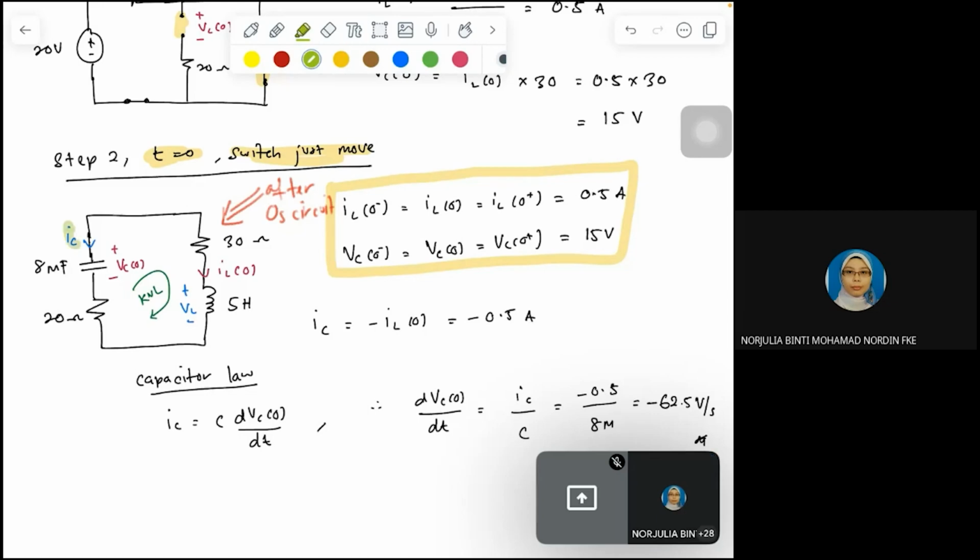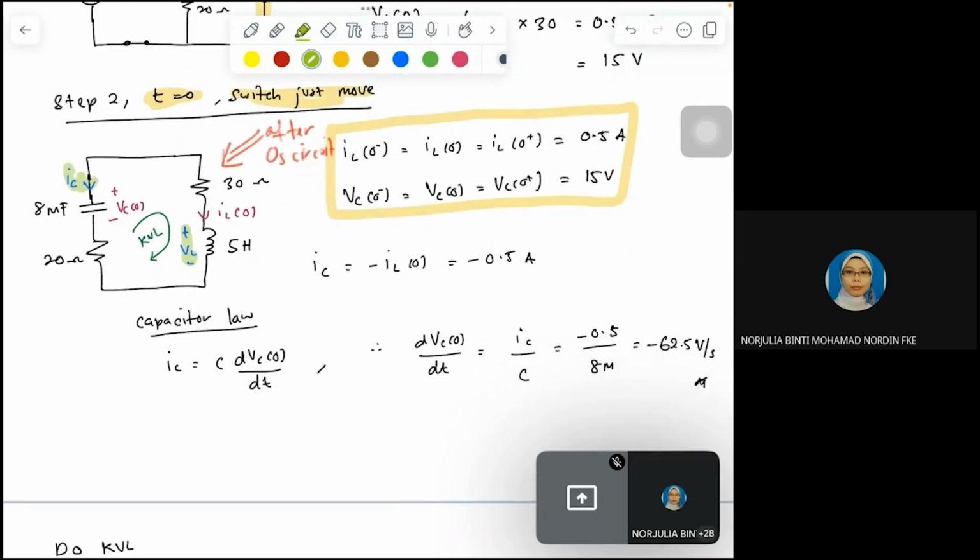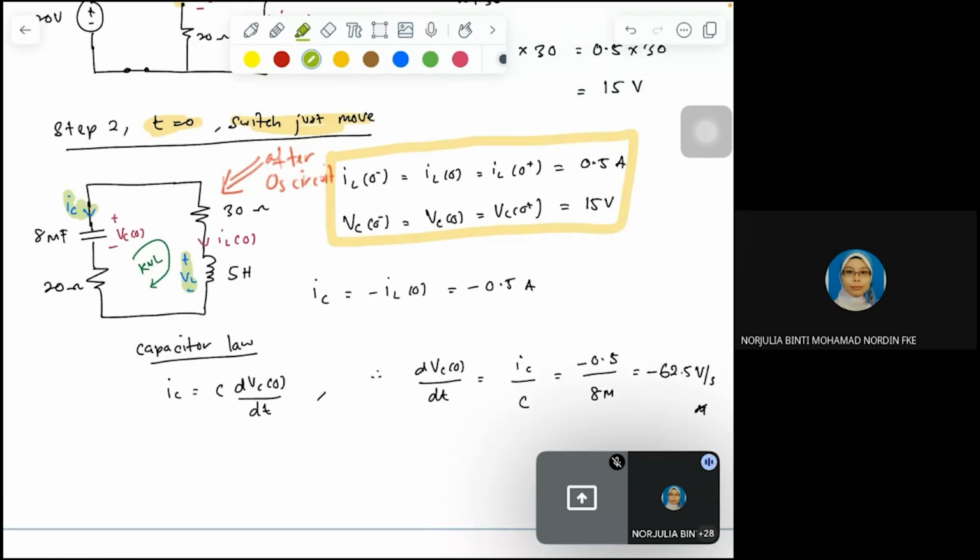To find IC is a little bit easier because this is a series circuit, and your IC has a different direction from your IL. So your IC is equal to negative IL, and your IL0 is equal to 0.5, so your IC is equal to negative 0.5.